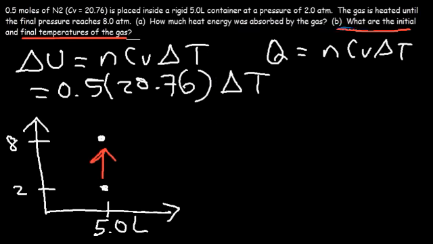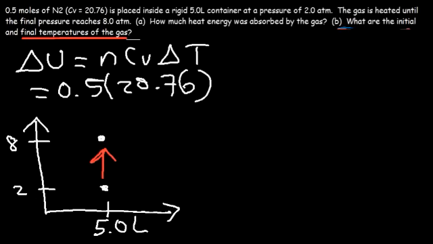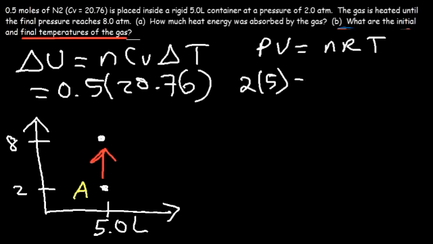Well, let's go back to the ideal gas law equation. PV is equal to nRT. So at point A, the pressure is 2 atmospheres, the volume is 5 liters, N is 0.5, R is 0.08206, and we could solve for T. So it's going to be 2 times 5, which is 10, divided by 0.5, which is 20, divided by 0.08206.